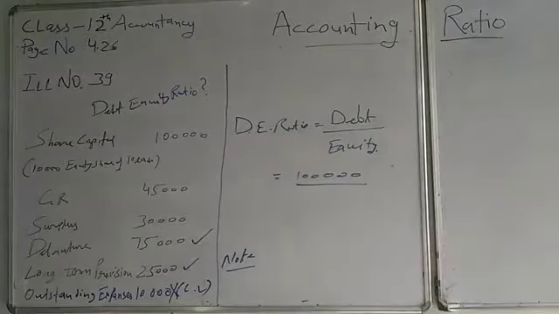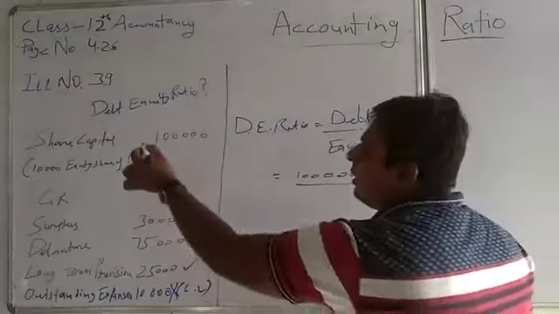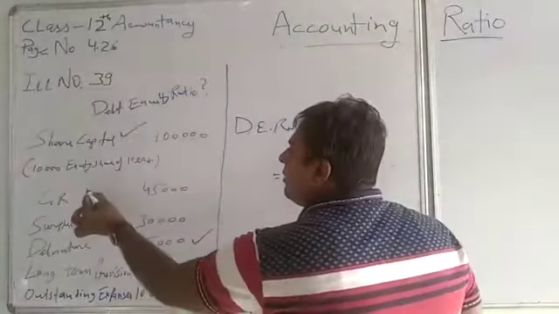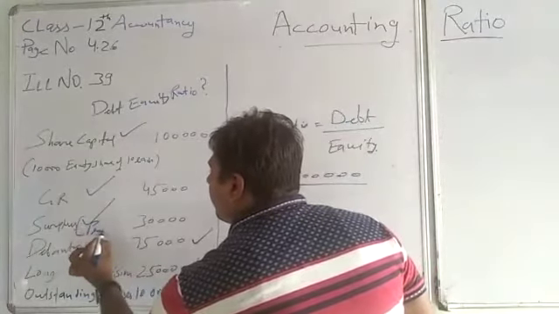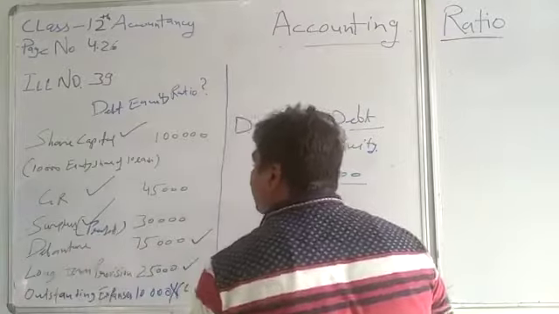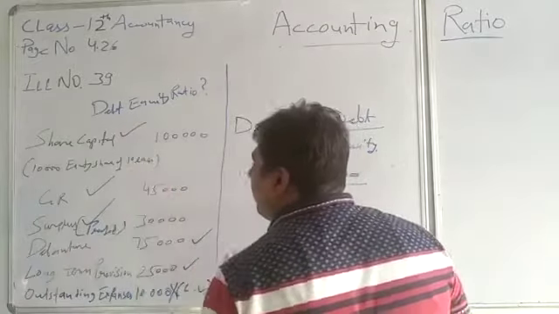So here, how to find the equity? Here, this share capital, general reserve, and surplus, surplus means profit. These are all part of equity.